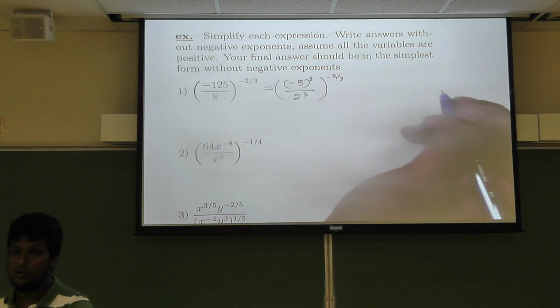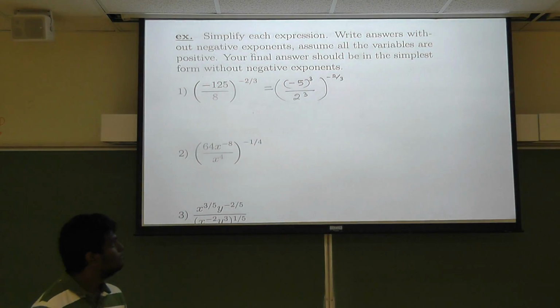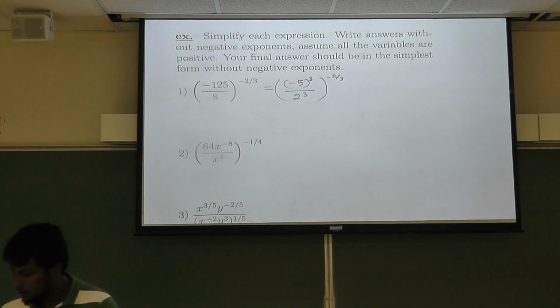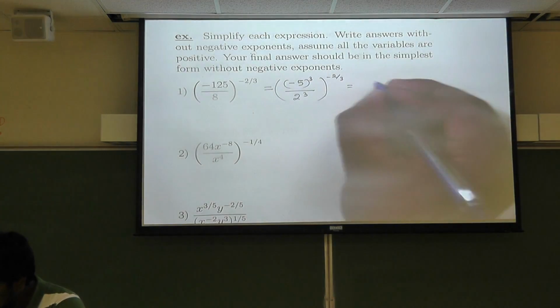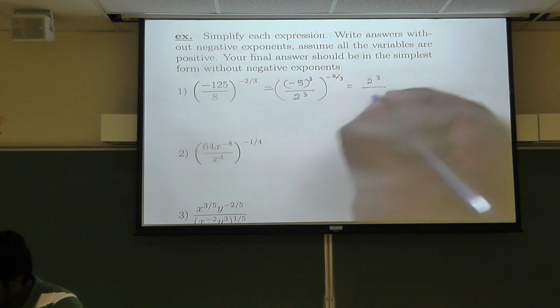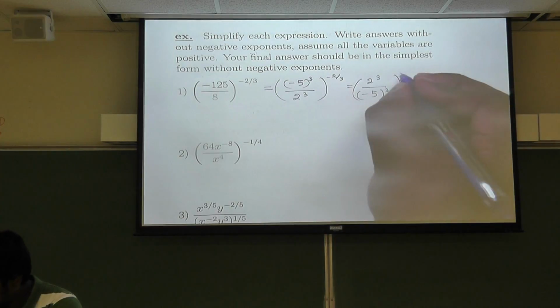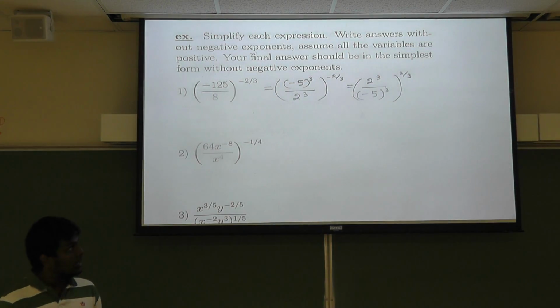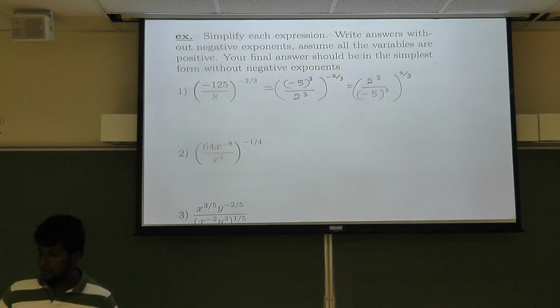What you can do here is switch it and make the exponent positive. So I can do 2 cubed over negative 5 cubed to the power positive of 2/3. Again, this is not the only way to do this. You can do it a different way, but that's what you have.